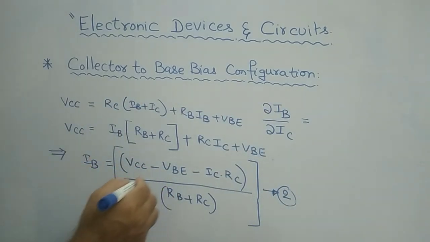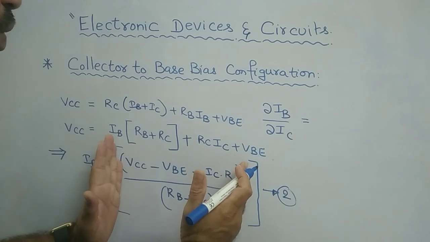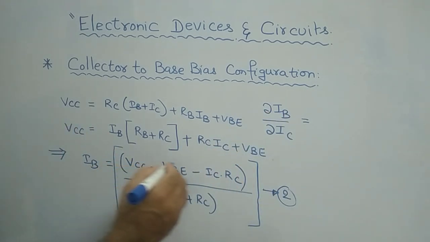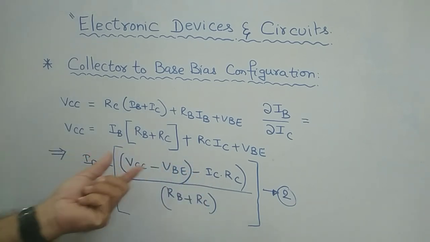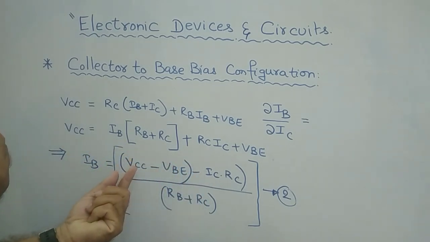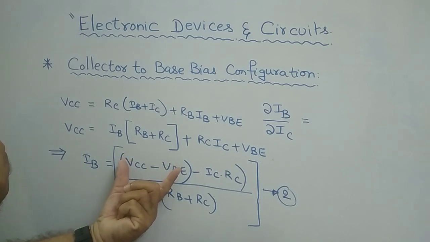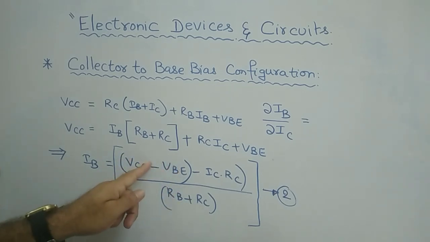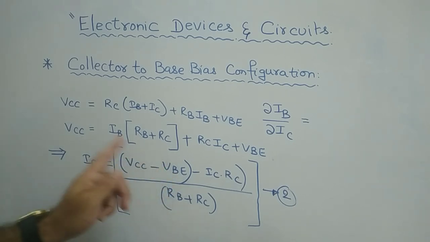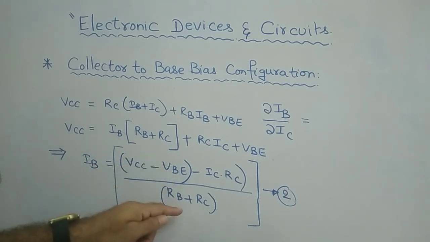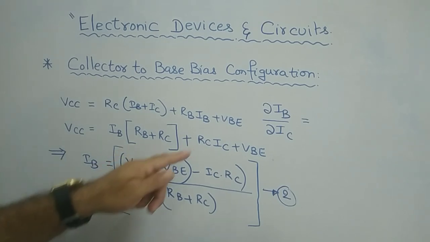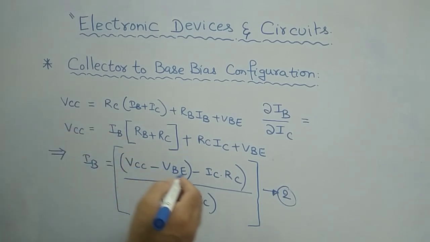You differentiate this part with respect to IC, then VCC minus VBE is constant, no? This VCC minus VBE is the voltage difference. It is a constant by this RB plus RC. So this entire part becomes 0, because differentiation of a constant with respect to IC becomes 0. Then what will remain?